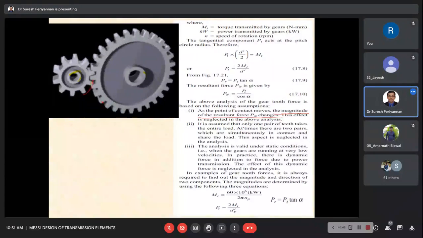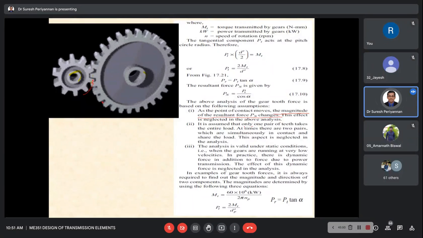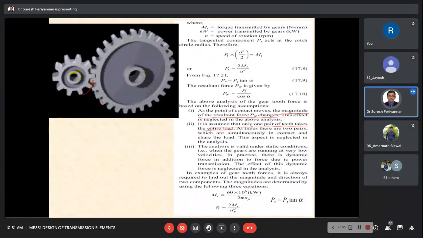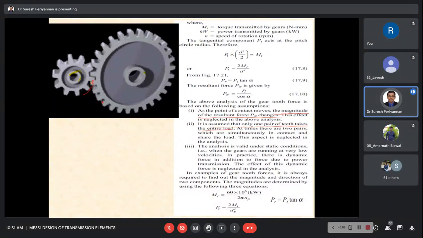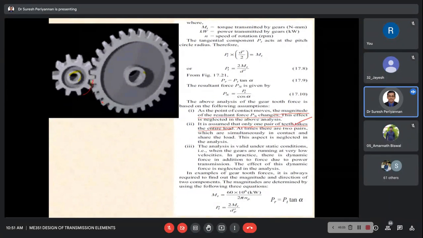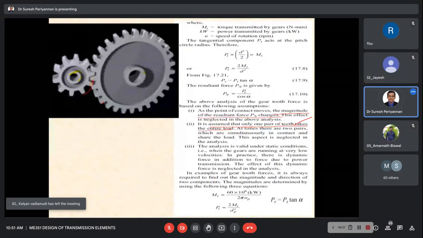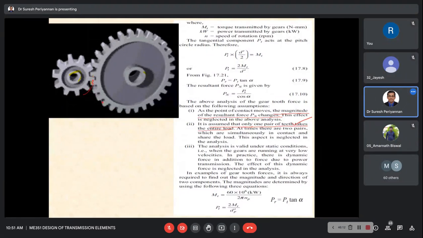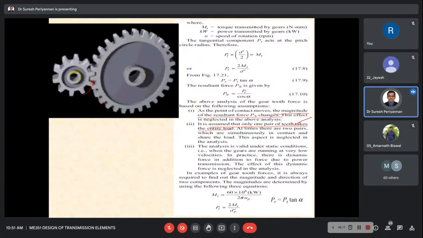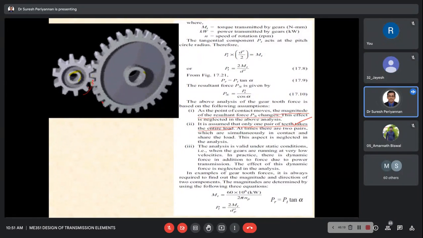It is assumed that only one pair of teeth takes the entire load. At times, there are two pairs simultaneously in contact sharing the load, but in our calculation we did not consider this. Once one tooth is engaged and disengaging, the other tooth immediately comes into contact, engagement and disengagement.